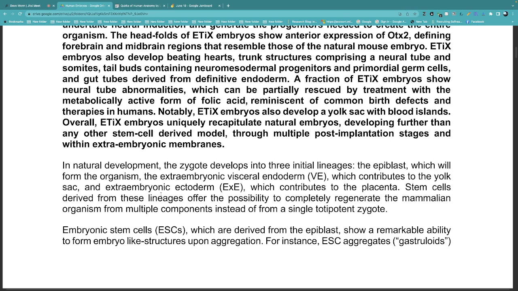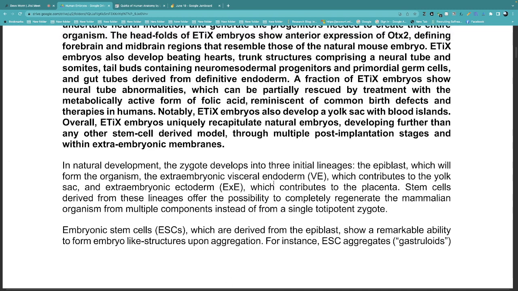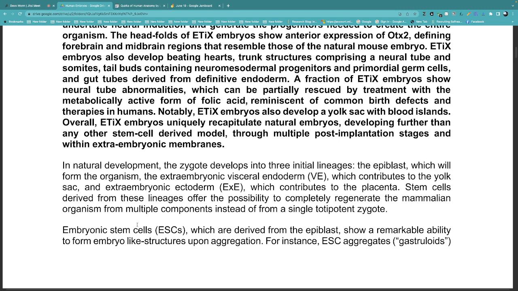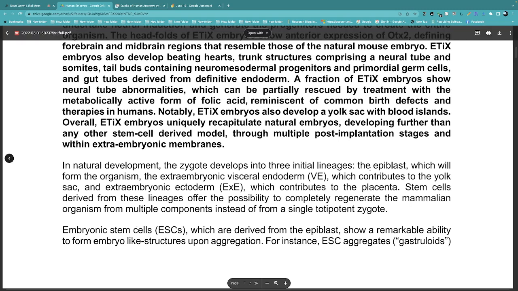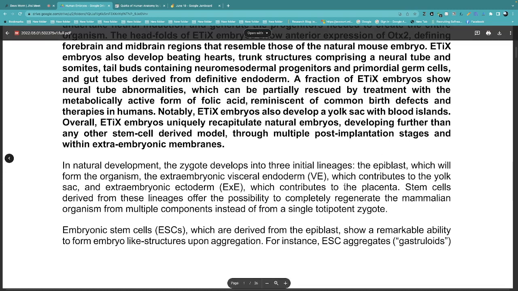And again, this is basically just taking stem cells. You're not reprogramming them necessarily, like I described before. You're taking these stem cells and putting them in association, and doing some other things to elicit some of these changes. But what you get at the end is this highly structured system that actually resembles development.